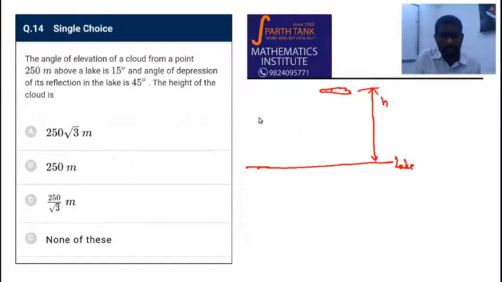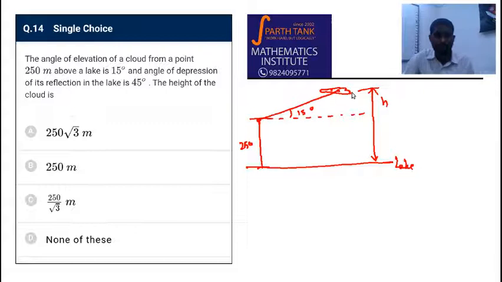The angle of elevation of the cloud from a point 250 meters above the lake: so if you are standing at a point 250 meters above, from here you look at the cloud at an angle 15 degrees. Then the angle of depression of its reflection in the lake is 45 degrees.